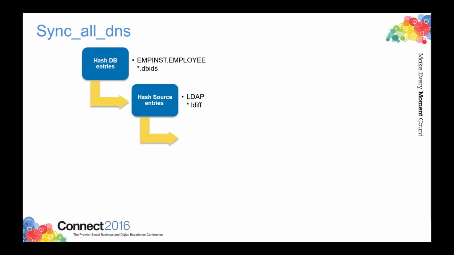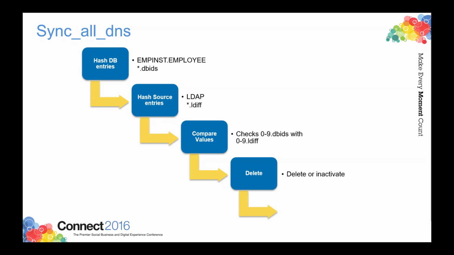Then it will hash my LDAP. Then it will compare the values, to see which hashes are available on the LDAP side, which are available on the database side, and which values we have on both sides. So first of all, it will run a delete.